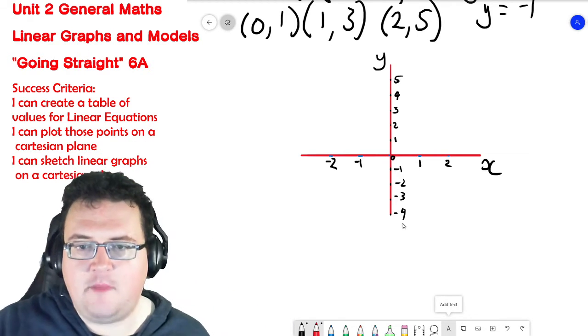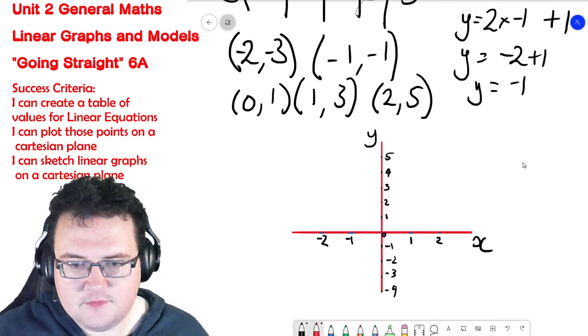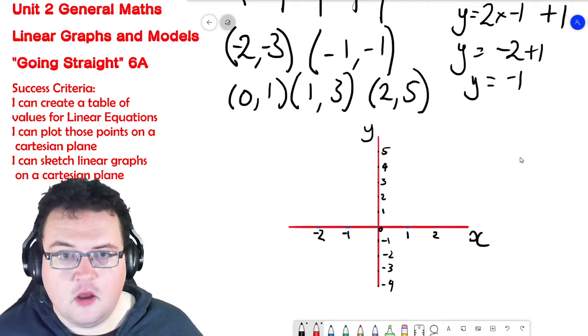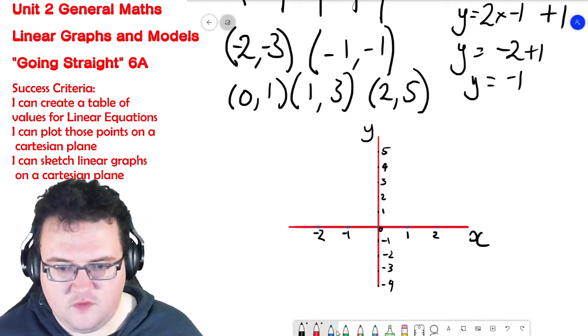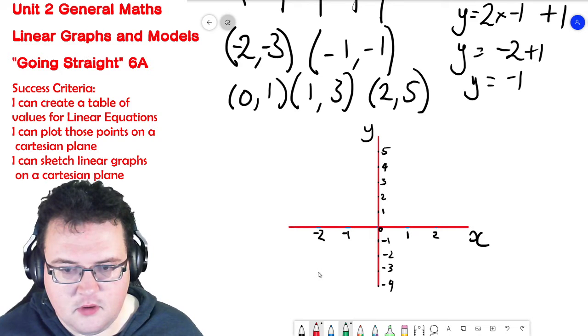If I take a look at my ordered points, I've got -2, -3, so I'm going to mark these in green.